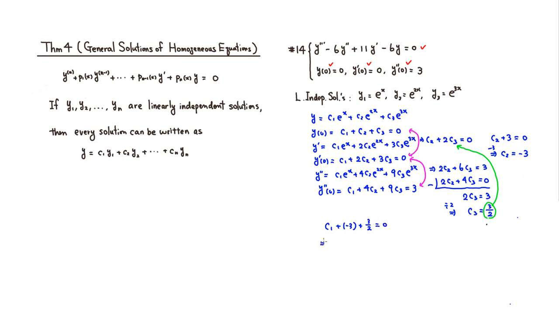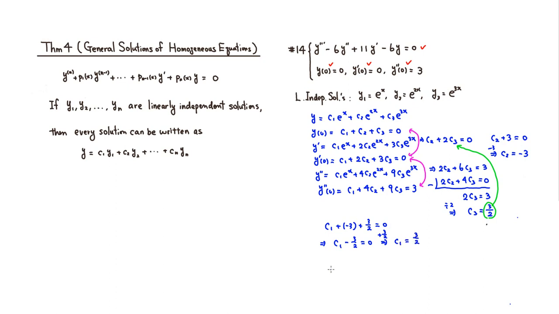If you simplify that, c1 minus 3 plus 3 halves is c1 minus 3 over 2, which is equal to 0. So we can add 3 halves to both sides, and c1 is equal to 3 halves.